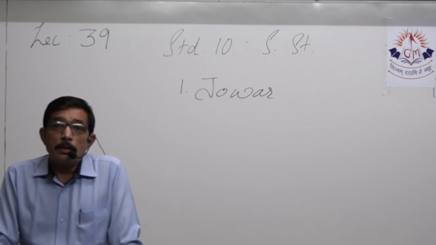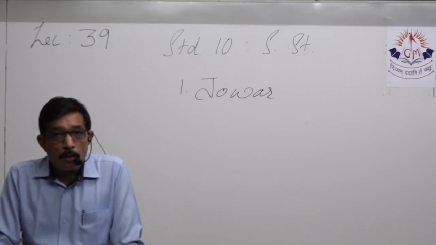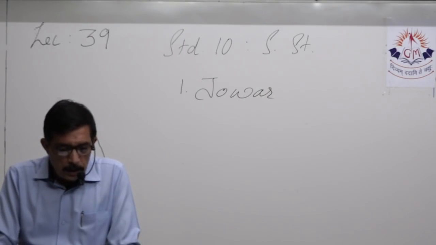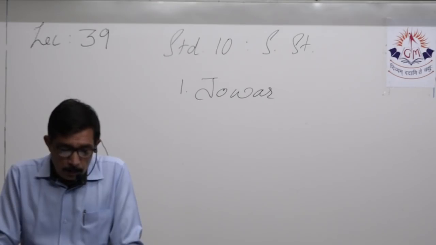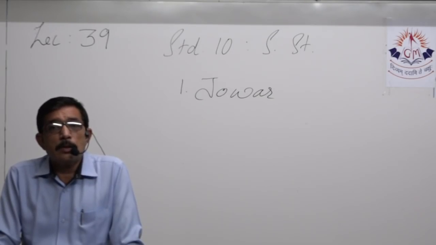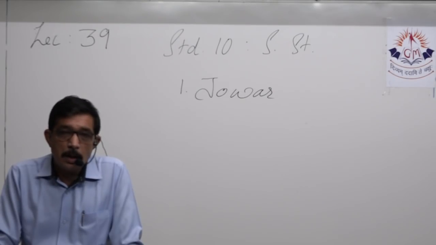So here we finished the food crop, that is the grains. First we learned paddy, then wheat, then jowar, then bajri, maize, and at last we learned nagli. These are the six food grain crops that are taught in this chapter.